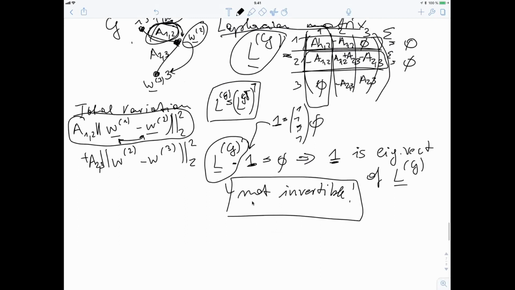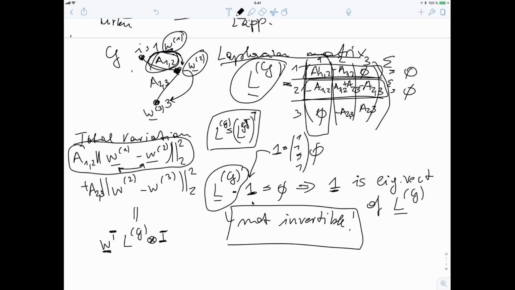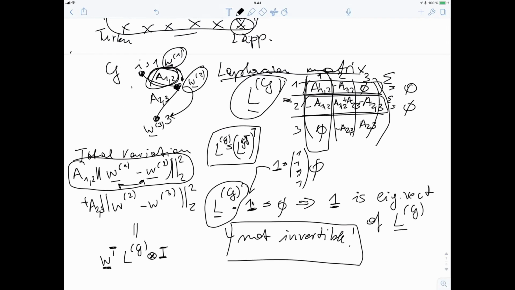Okay, and it turns out that this total variation can be written equivalently as a quadratic form using the graph Laplacian or a tensor product of the graph Laplacian. So for simplicity, let's assume that each parameter vector consists of one single entry. So the parameter vector is one single parameter, and then I can avoid here this Kronecker product, and I have a much easier life here in the lecture.